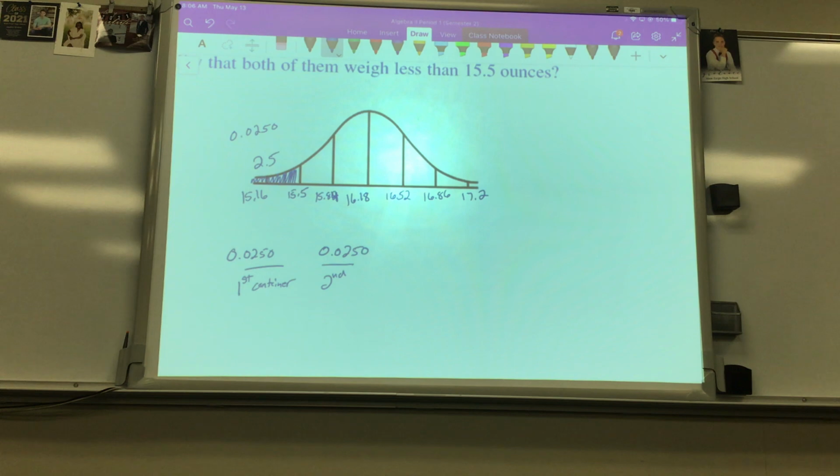The probability of two separate events. We're going to multiply. It's very unlikely you're going to get one of those, right? It's even less likely to get two in a row that size, isn't it? You've got to multiply those two probabilities.